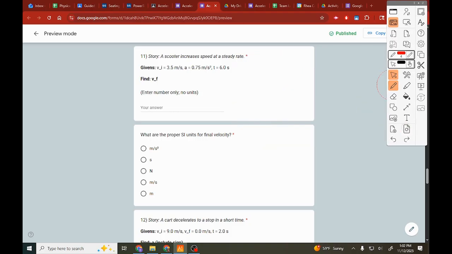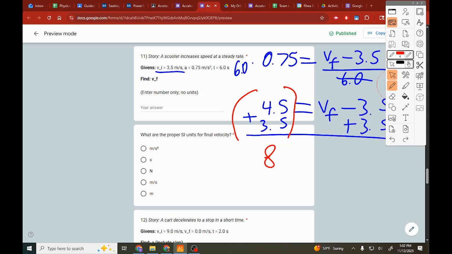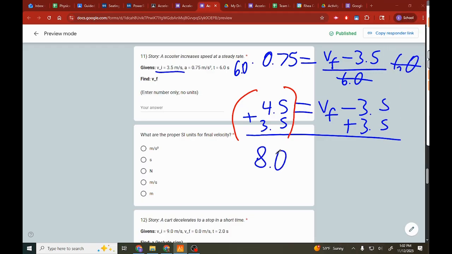Oh, let me switch back to blue. Having technological issues. There we go. 8.0 is equal to our final velocity. And toggle meters per second.